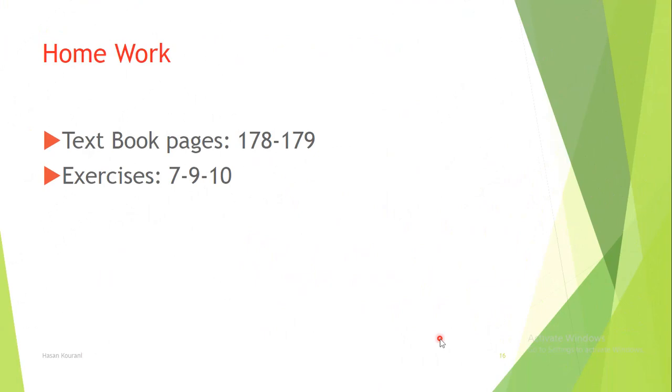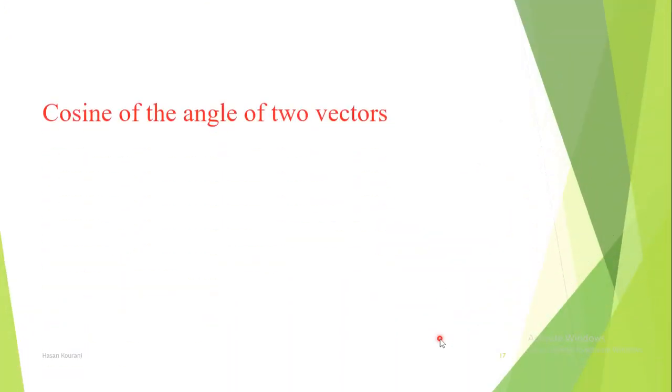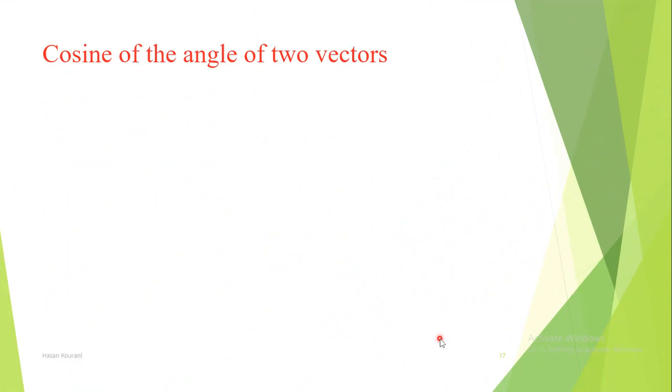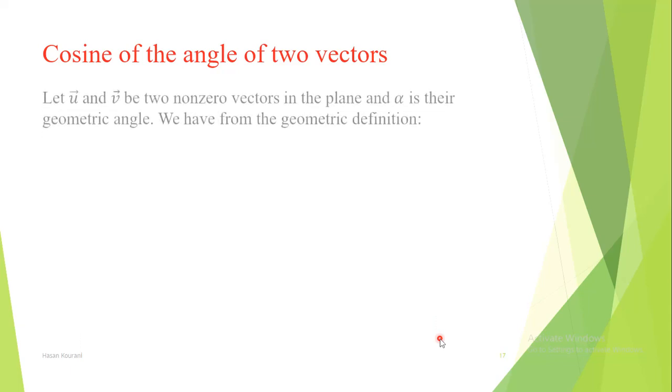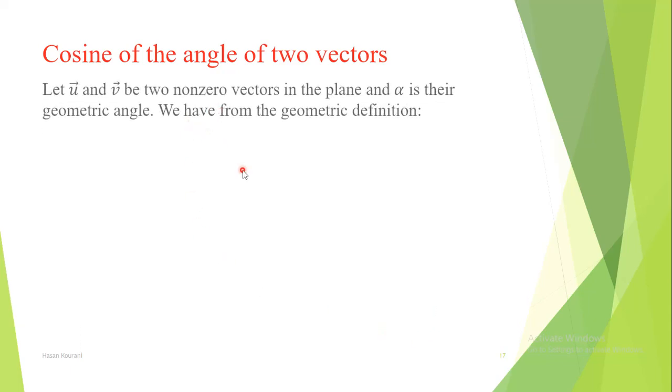Okay, this is our homework, and we are going to continue with the next idea, which is the cosine of the angle of two vectors. It's quite easy. If we have two vectors in a plane, u and v, and alpha is the geometric angle between them, from the geometric definition, as you know, u dot v is magnitude of u times magnitude of v times cosine alpha.